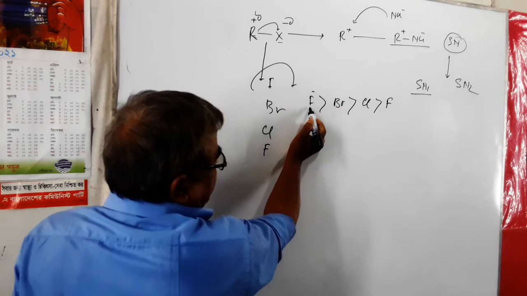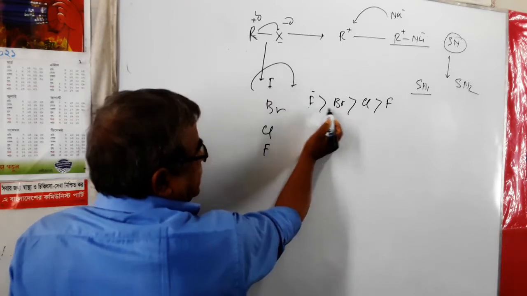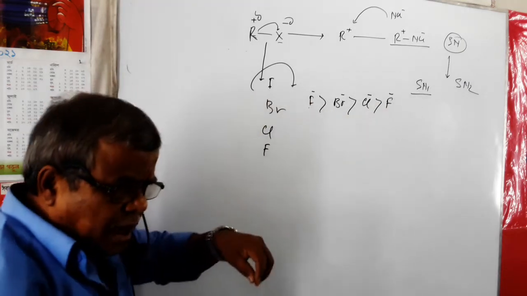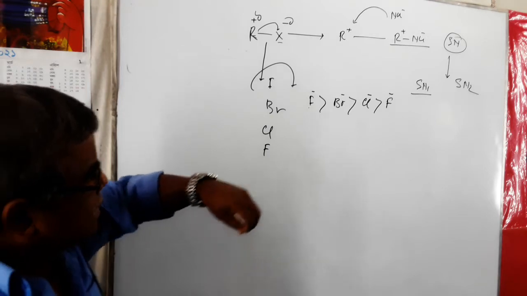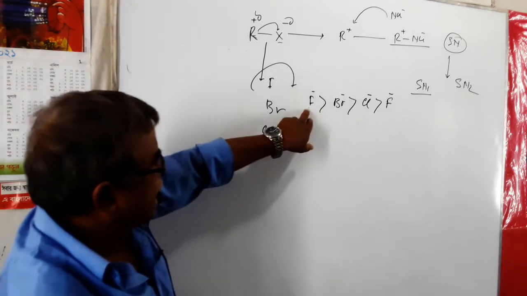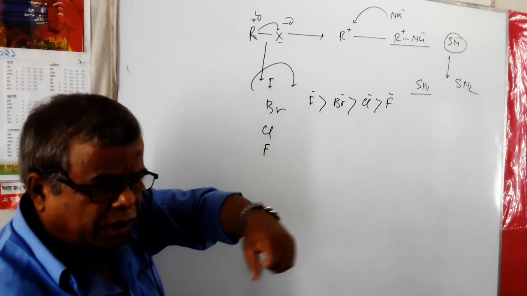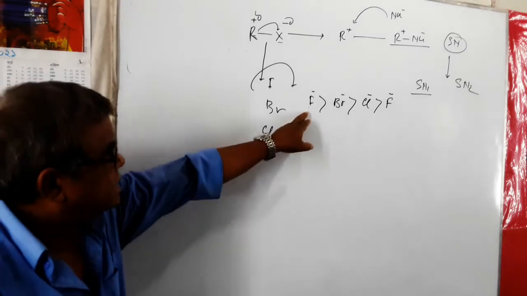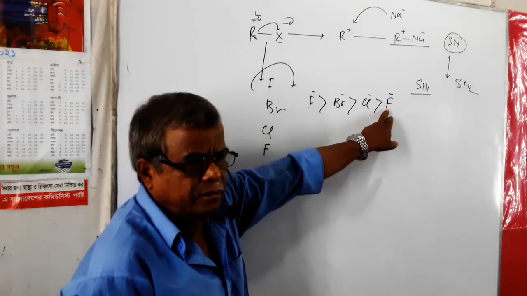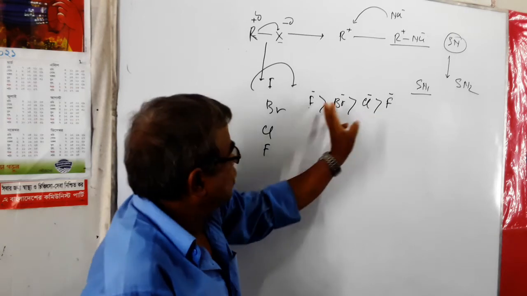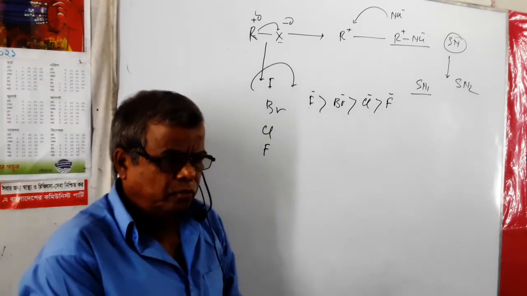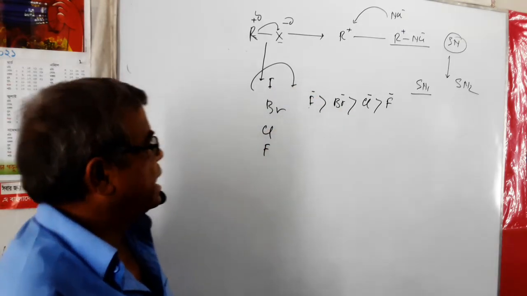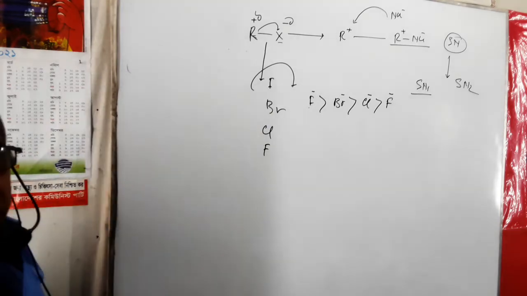That is, the stability of fluoride is greatest, and the stability of iodine in alkyl halide is less than fluorine. So iodine will be released easily from alkyl halide. This is the mechanism of alkyl halide in the case of SN reaction.